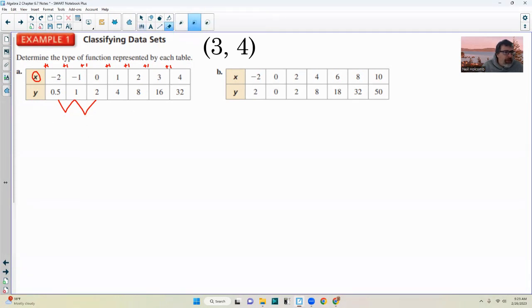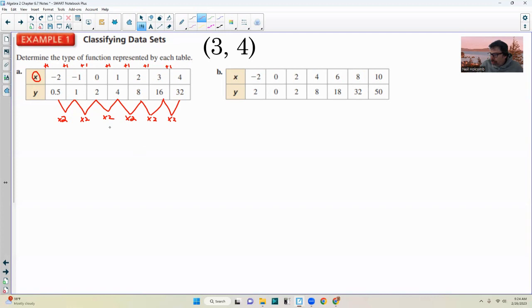So then I check to see if there's a multiplication difference. 1/2 times 2 is 1. 1 times 2 is 2. 2 times 2 is 4. 4 times 2 is 8. 8 times 2 is 16. And 16 times 2 is 32. So it is a multiple of 2.